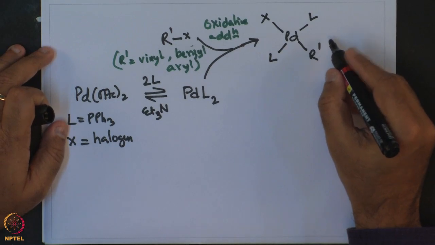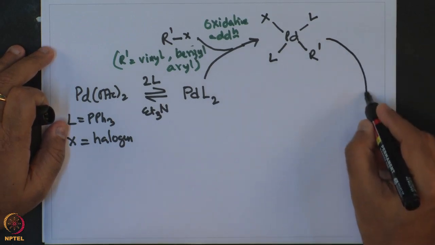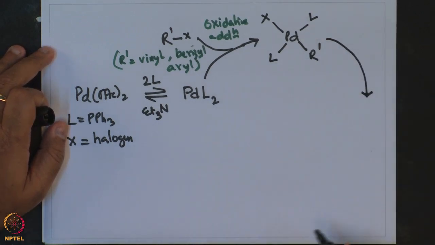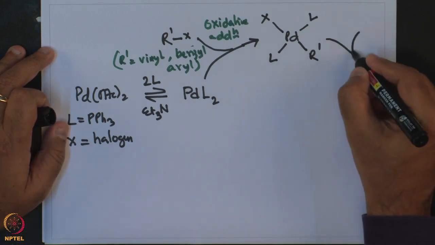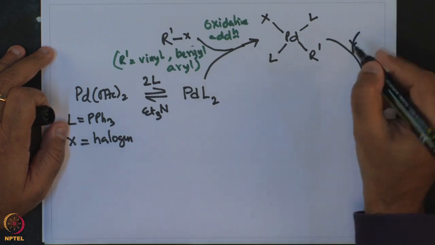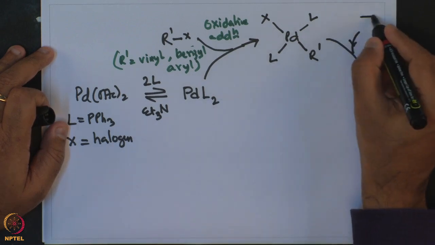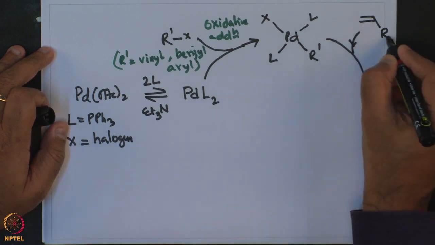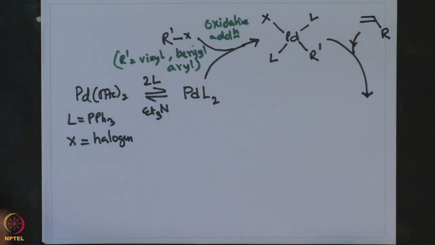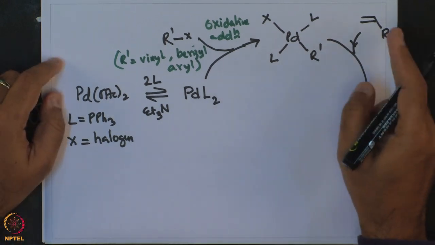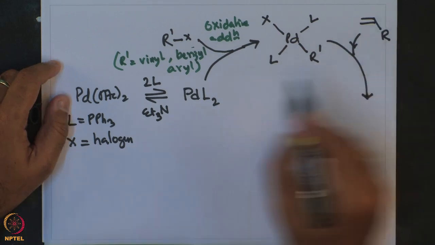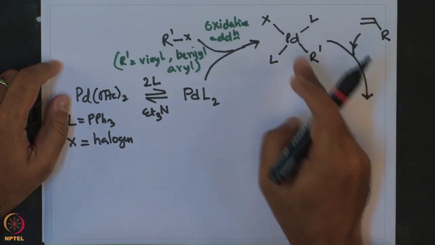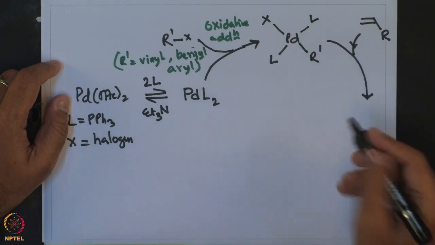Now, this reacting with this olefin which has a vinylic hydrogen, and this olefin then coordinatively inserts into the palladium R dash bond.